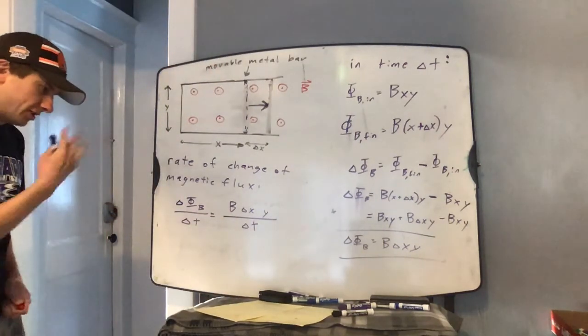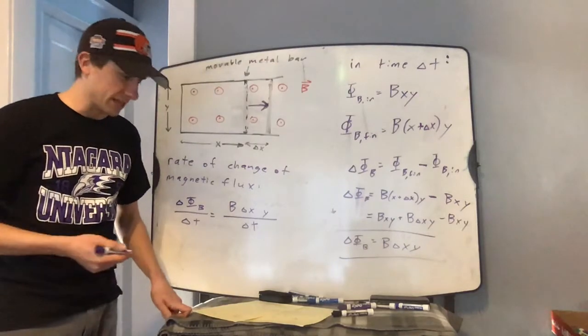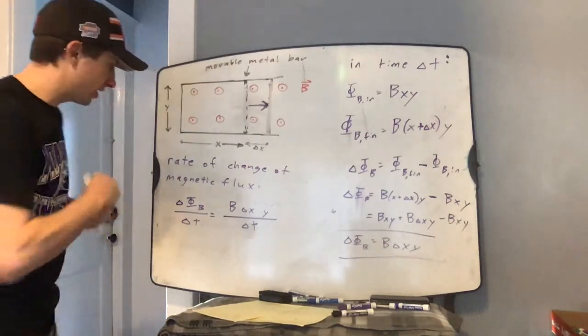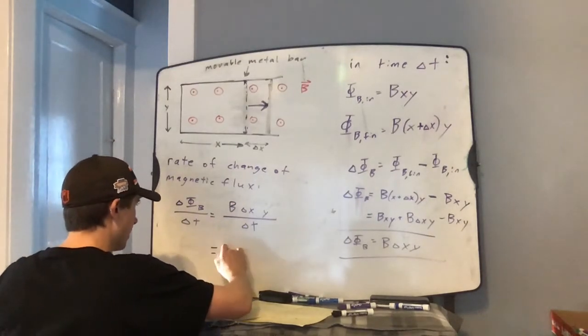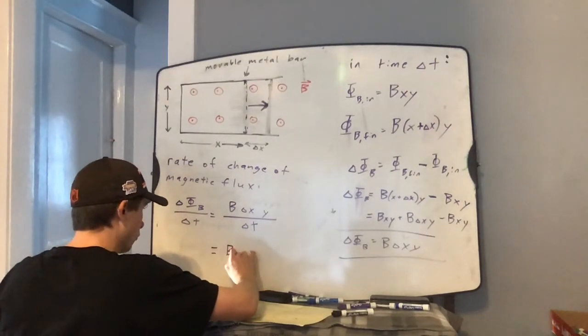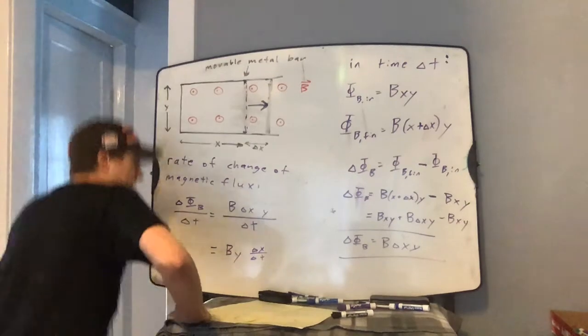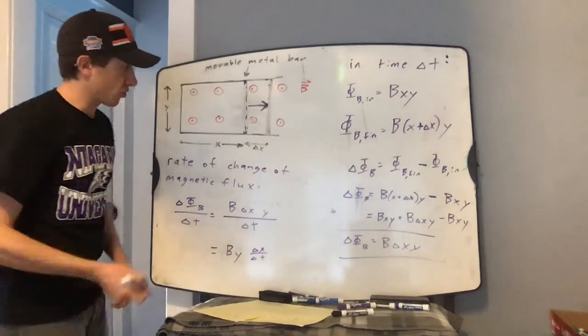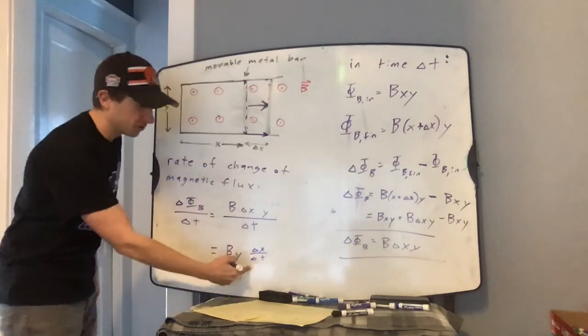Now, if I look at this equation, I could just rearrange some of the terms in the fraction. So I could write this as being equal to B times y times delta x over delta t. And if I look at what's going on in this problem, you move a distance delta x in a time delta t.